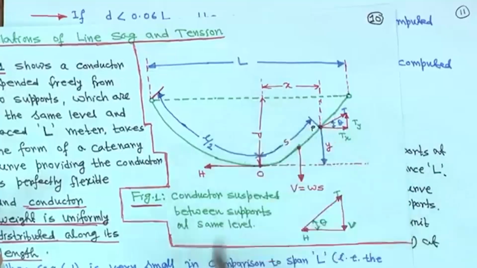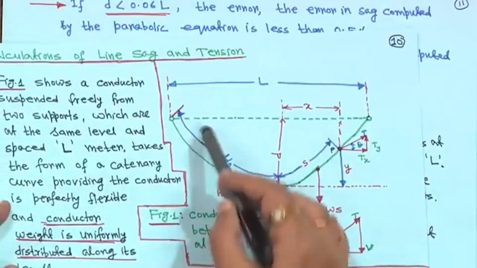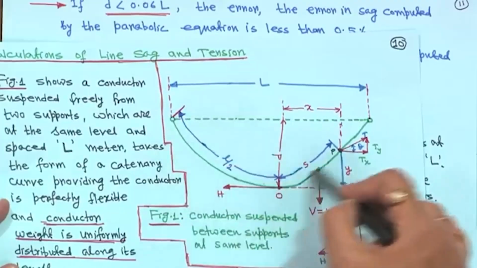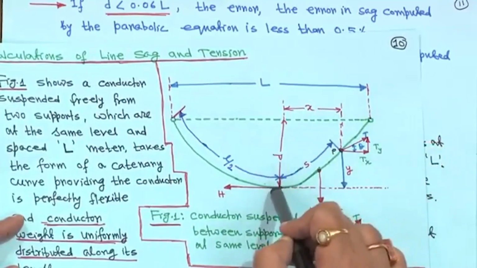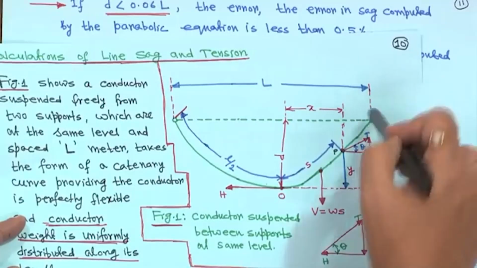The conductor has taken a catenary shape. This is the midpoint, so from here to here it is L by 2.